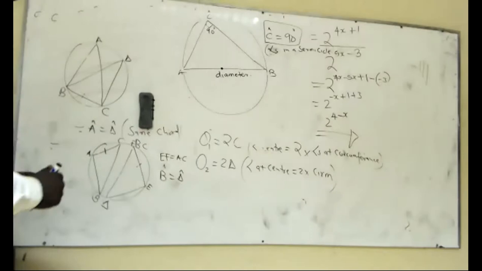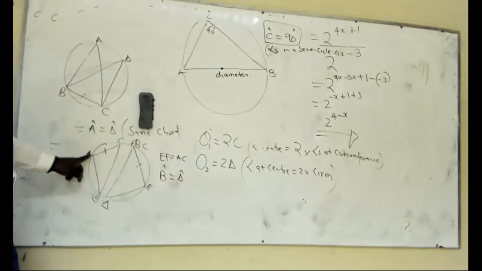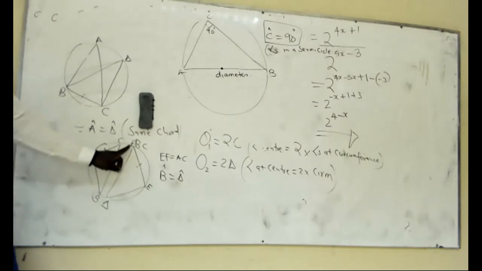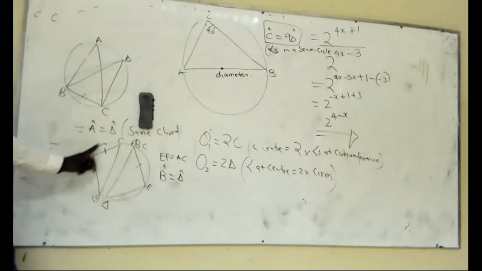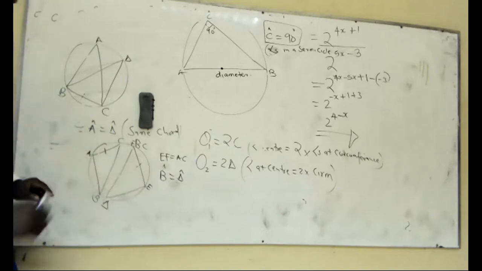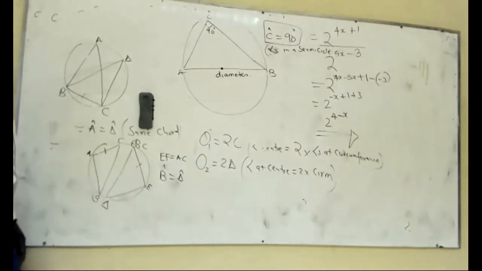Yes, exactly. I knew about that issue. You can see I changed the position of the lines which are equal. Instead of saying AB is equal to FE, I now said AC is equal to EF, which therefore makes B and D equal.